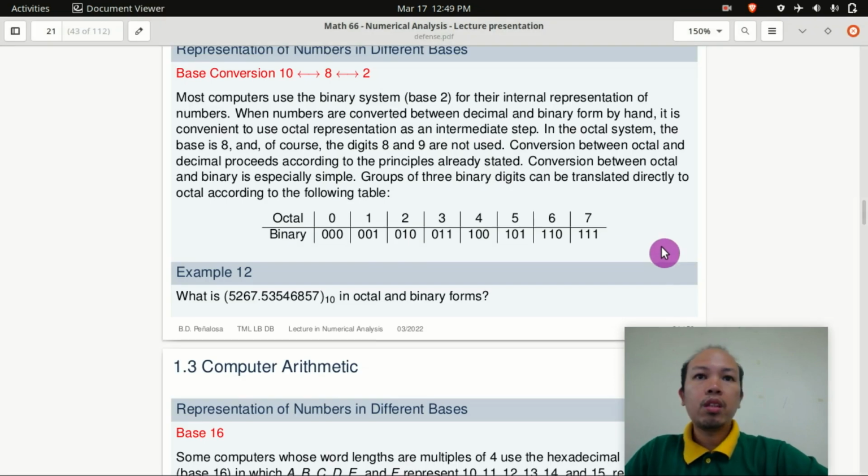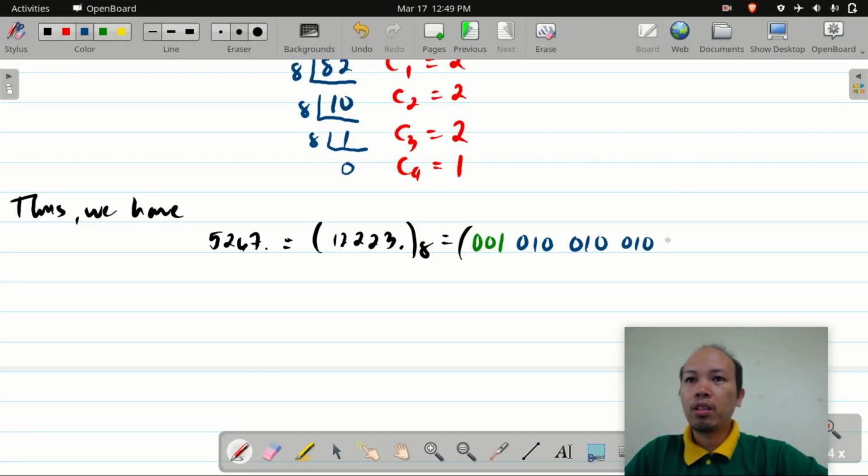We have 3 here, 0 1 1. 3 is 0 1 1 0 1 1. Point, okay, in base 2.